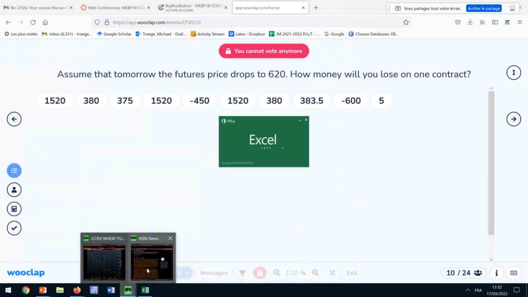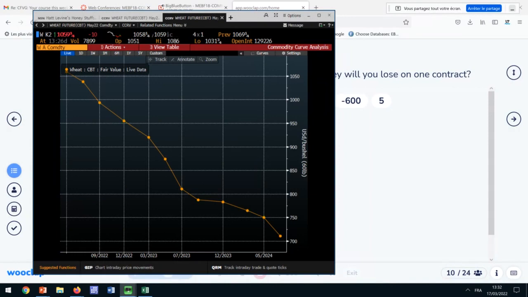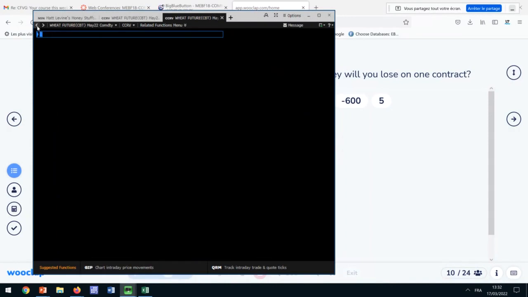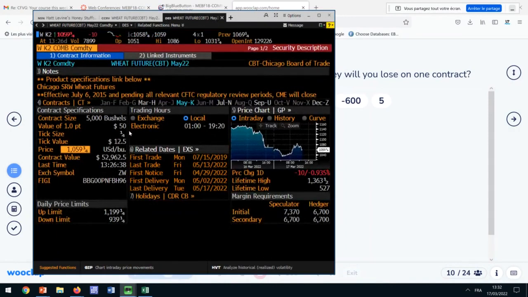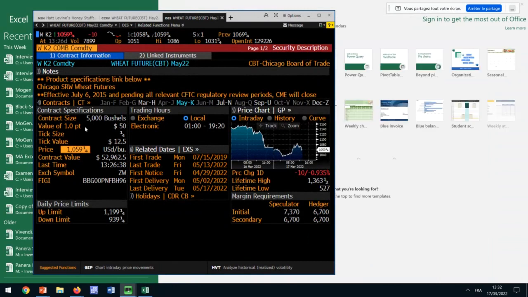if we go back to the Bloomberg page here, remember that 1 price point is a value change of the contract of $50. Because it's 5,000 bushels, so 1 cent per bushel change, you multiply it by 5,000 cents.